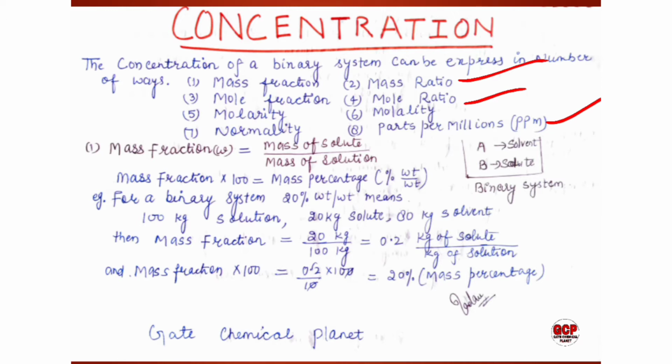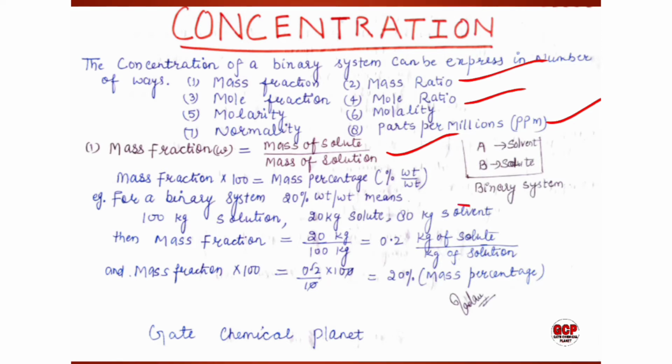Okay, so first we will discuss mass fraction. Students, if I ask what is the meaning of fraction, then what is your answer? Fraction is equal to the individual value divided by the total value. So what is the meaning of mass fraction? Mass fraction is represented by small w, and it is equal to the mass of solute divided by the mass of solution.